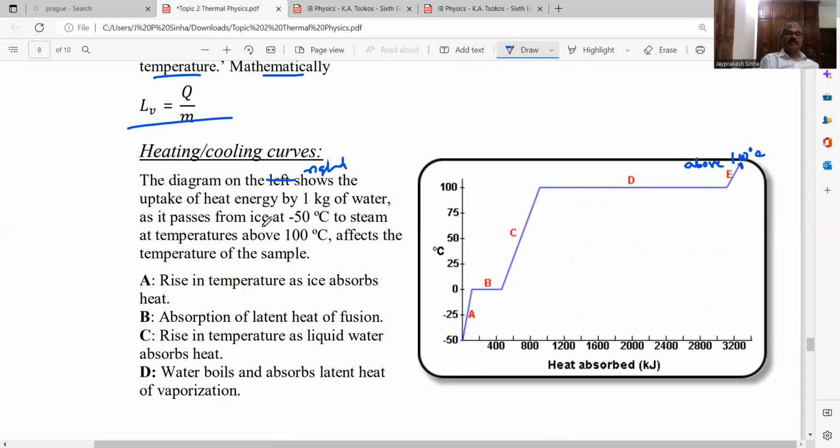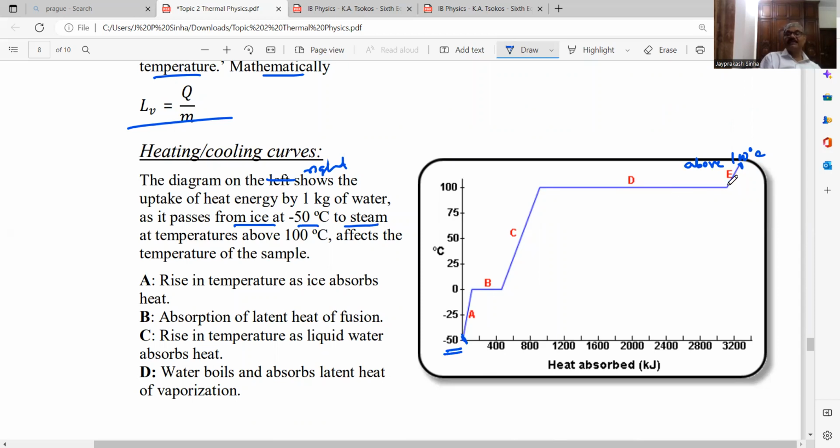What is the initial temperature? -50 degrees Celsius. At this temperature, water will be in the solid state, because at 0 degrees Celsius water freezes into ice, so when it goes lower, it remains ice.